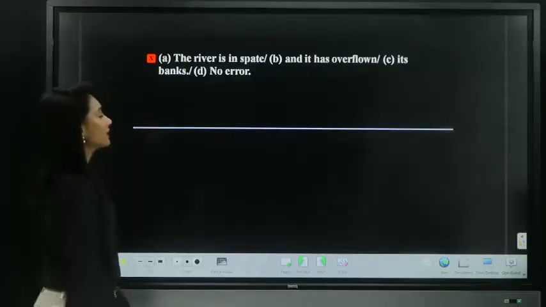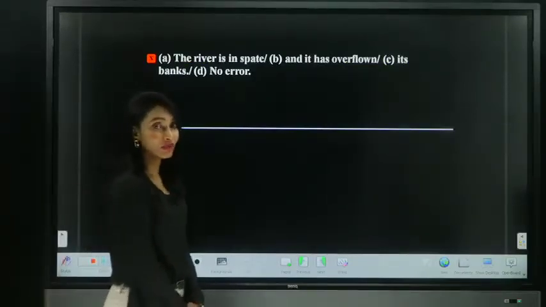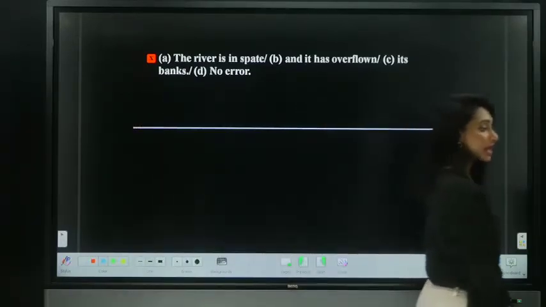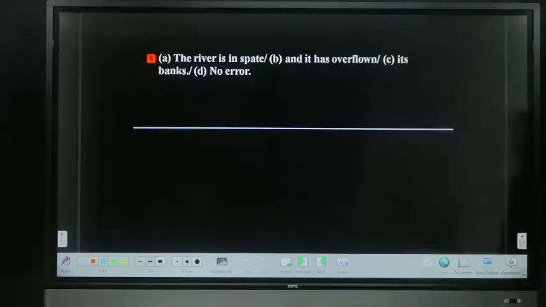The river is in spate and it has overflown its banks. Quick, answer this. The river is in spate and it has overflown its banks.